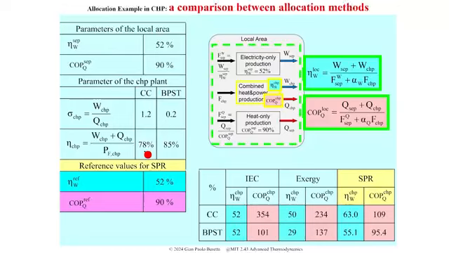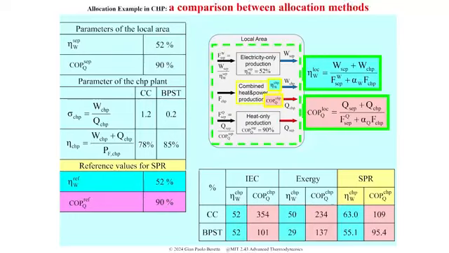So 7.78. So suppose that the reference values are taken as the values of the separate productions in my local area, 52 and 90.